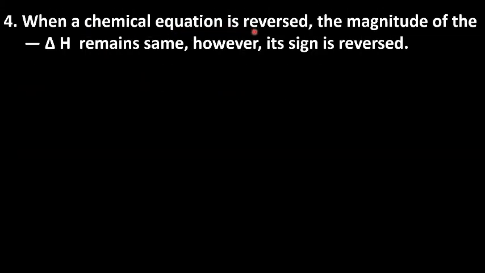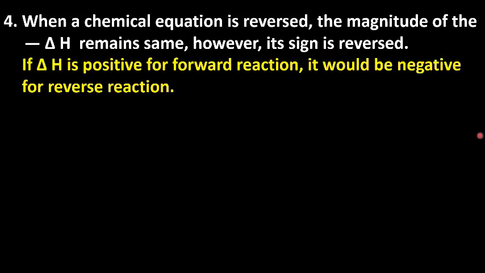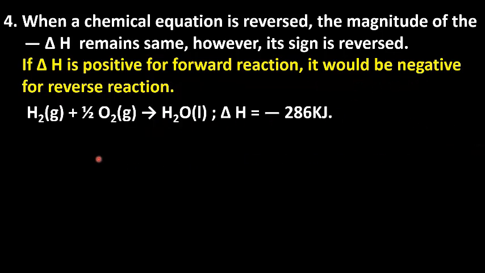When a chemical equation is reversed, the magnitude of the delta H remains the same. However, its sign is reversed. For example, if delta H is positive for a forward reaction, it would be negative for a reverse reaction. That is, H2 plus half O2 gives H2O and delta H is minus 286 kilojoule.